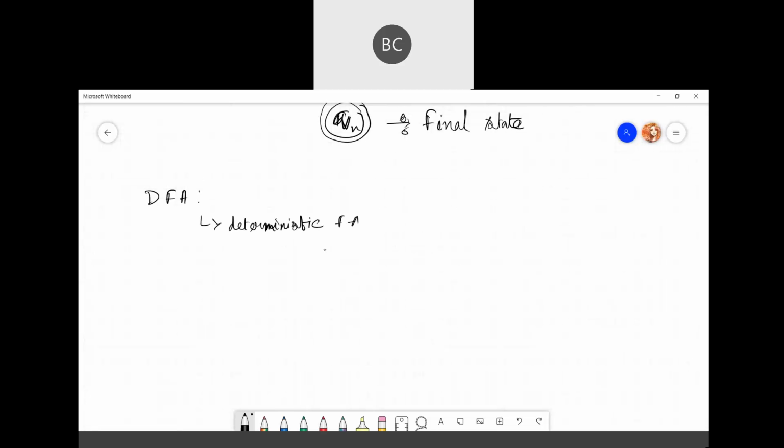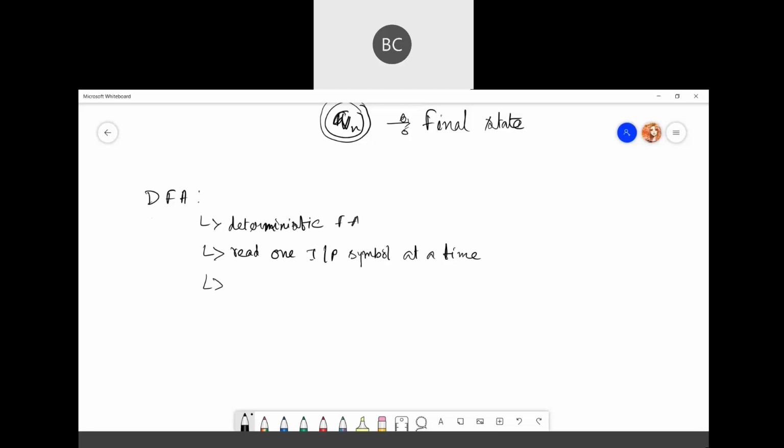That means it will read one input symbol at a time, and there is only one path for one particular input from the current state to the next state.